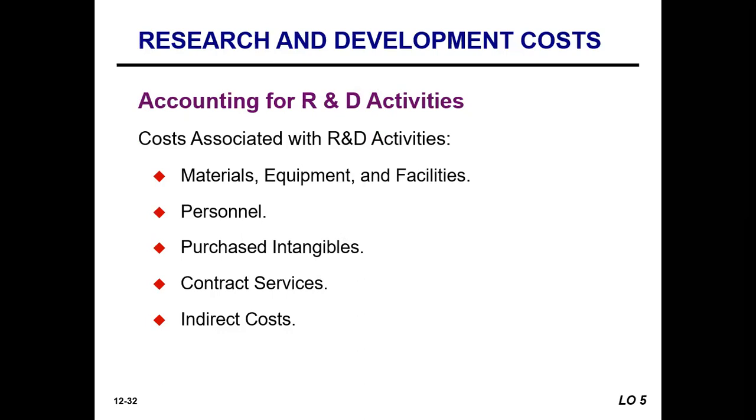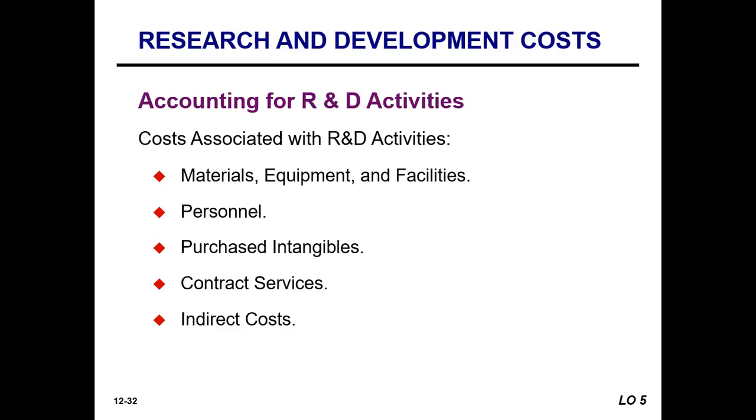Contract services, expense the cost of services performed by others in connection with the research and development as incurred. And then finally, indirect cost: include a reasonable allocation of indirect cost to research and development costs, except for general and administrative expense costs, which must clearly be related to research and development in order to be included in research and development cost.